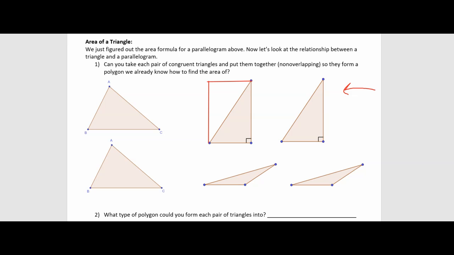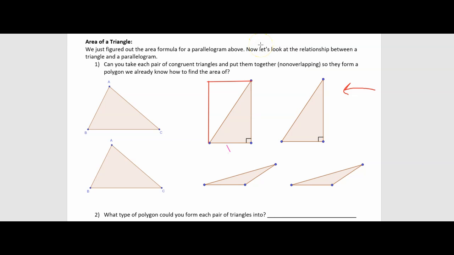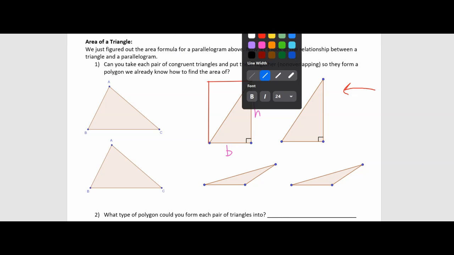I could create a rectangle, right, with the same base and the same height as the original triangle. Now, of course, it's twice the size, but it has the same base and the same height as each of the triangles.